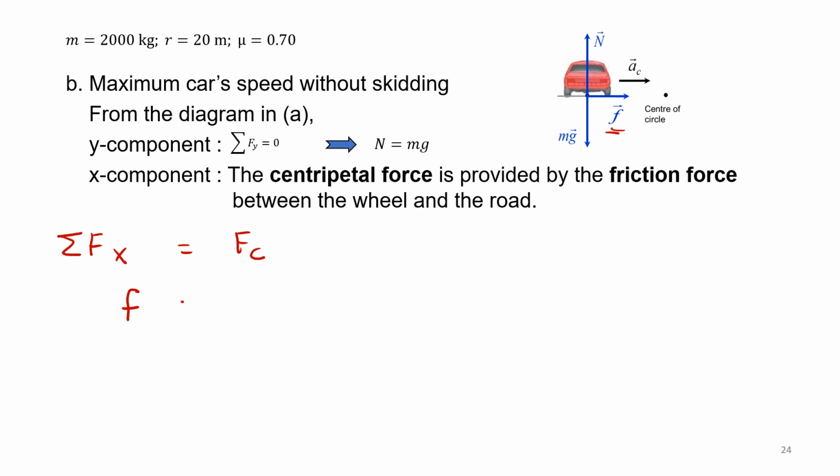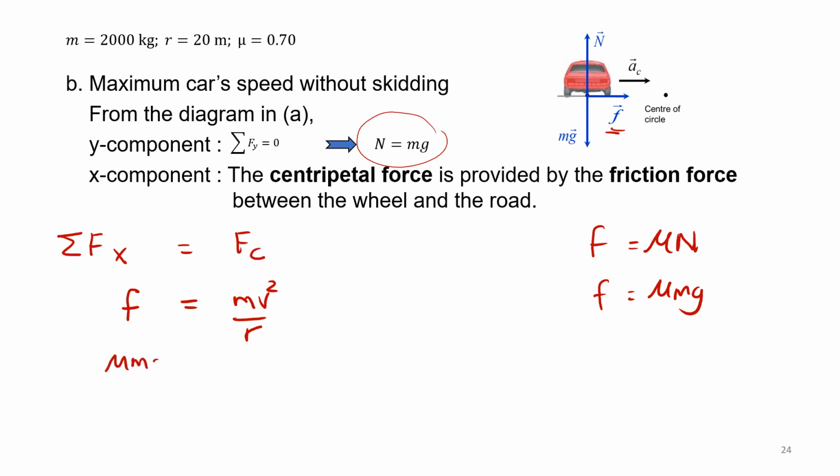So friction force is equal to mv square over r, and the formula of frictional force F is equal to mu N. So we will substitute the expression of N. So F is equal to mu mg. So mu mg is equal to mv square over r. So we divide both sides by m, so we cancel m.